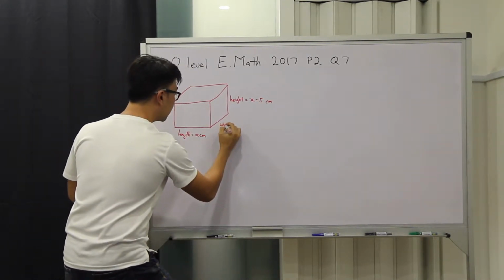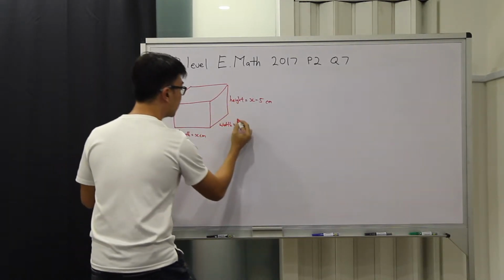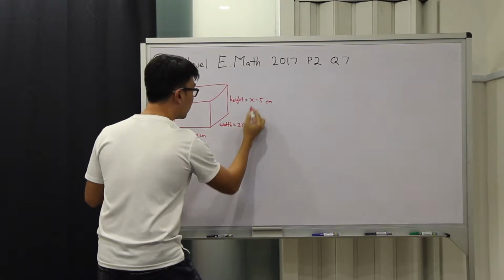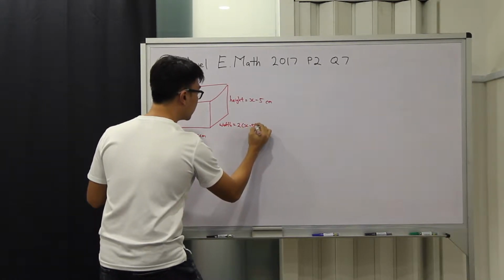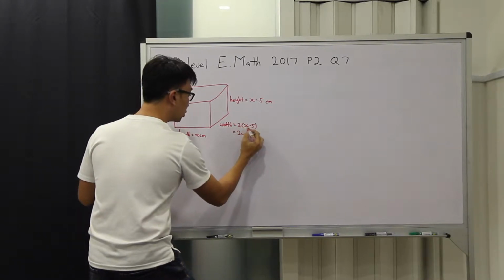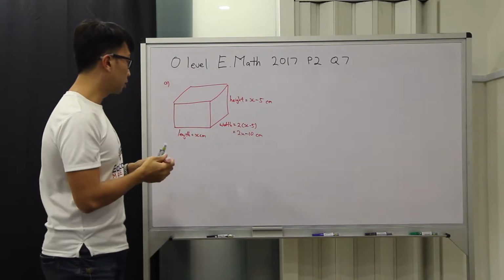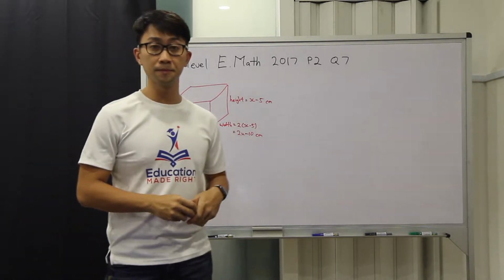And the width is twice the height, so that will be 2 multiplied by x minus 5. If we expand this, we'll have 2x minus 10 cm. So this will be for our part A.